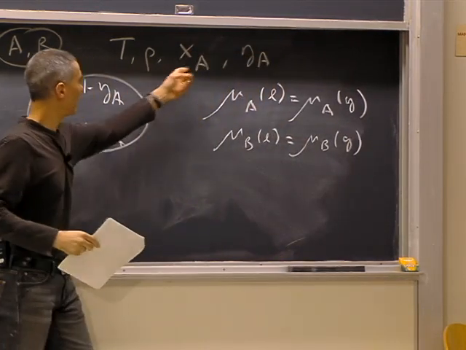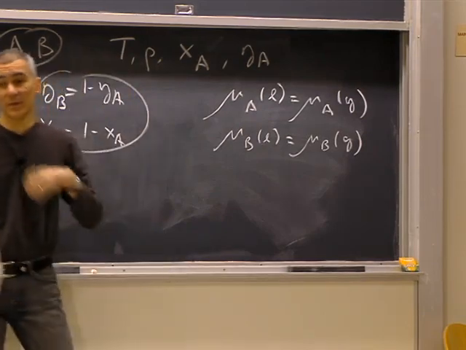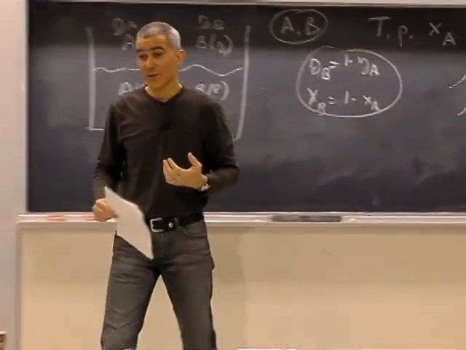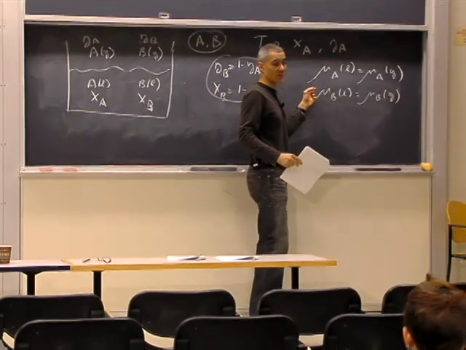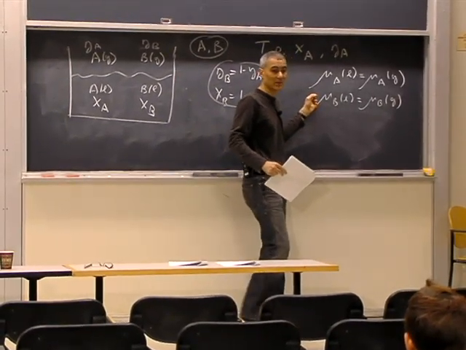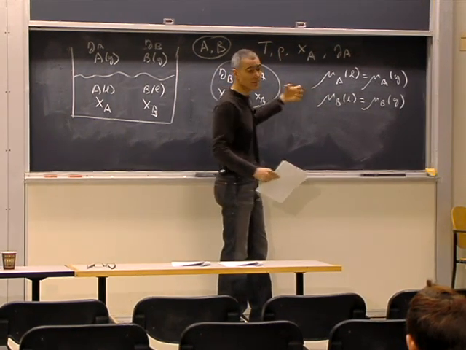So we have 4 variables, 2 constraints. That means that the total number of independent variables we have is just 2. It's the number of variables, 4, minus the constraints. Okay? Or you could say 6 variables if you include YB and XB, and 4 constraints.